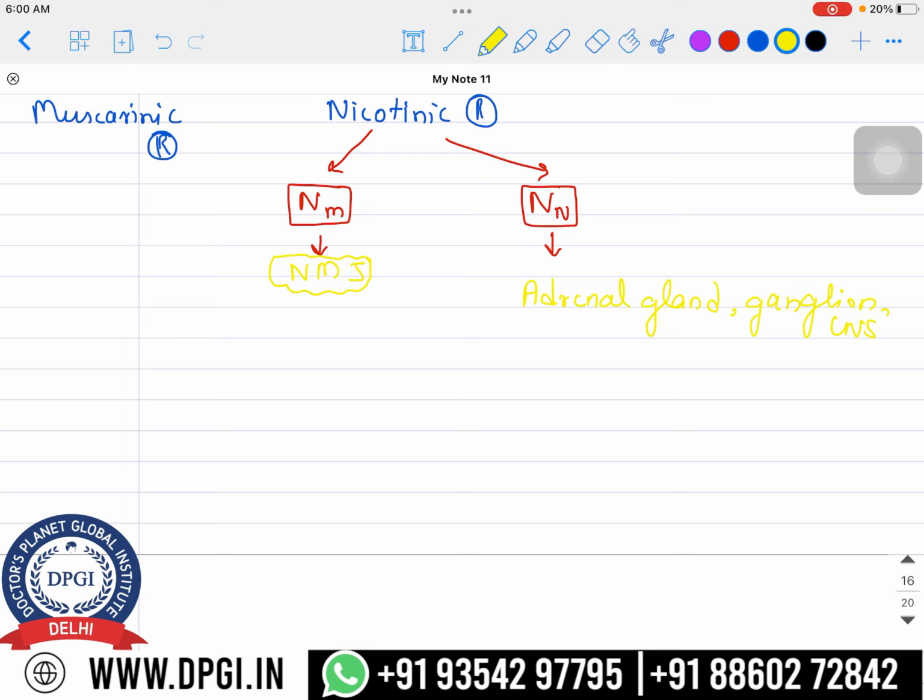Now let's talk a bit about these particular receptors. As far as the neuromuscular junction is concerned, I'm focusing on this system because one very particular disease we can discuss here is myasthenia gravis, which acts upon the neuromuscular junction.